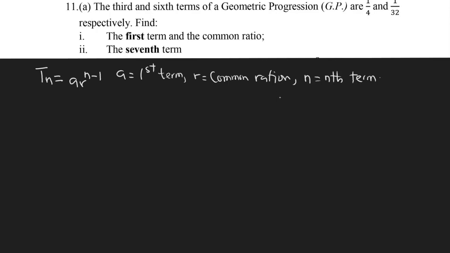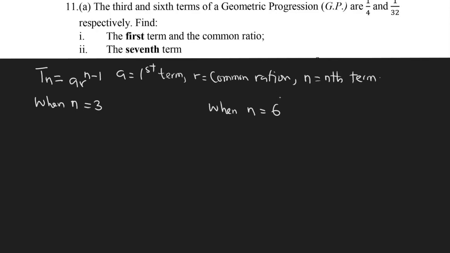So from this question, the information given was that the third term and the sixth term, when n is equal to 3 and when n is equal to 6, of a geometric progression are 1 over 4 and 1 over 32 respectively.